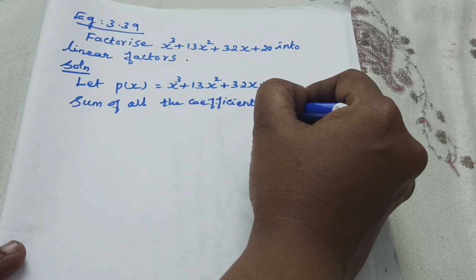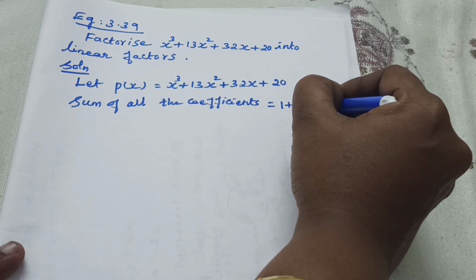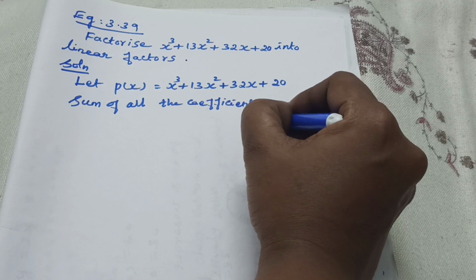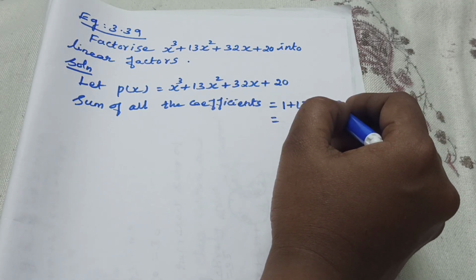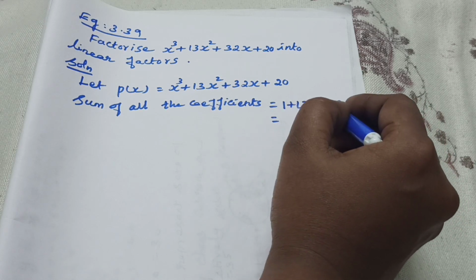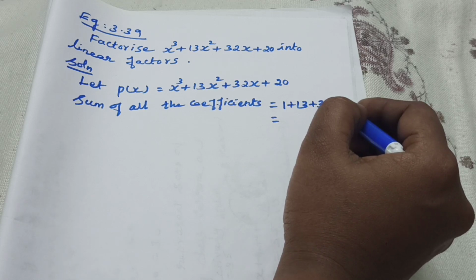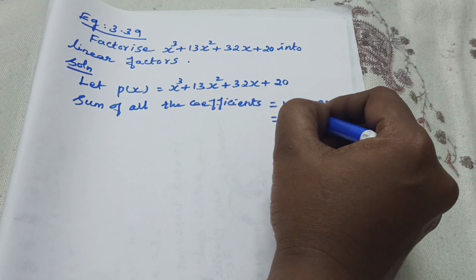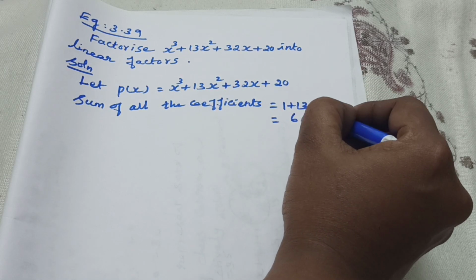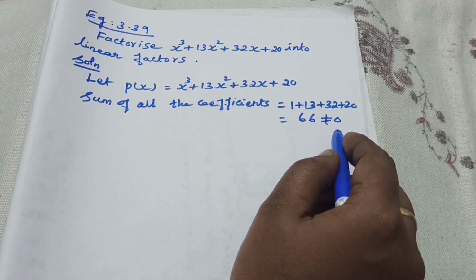The coefficients are x cube 1, then x square 13, then x 32, then plus 20. Then if you add everything, what will we get? We will get 66. This is not equal to 0, isn't it?